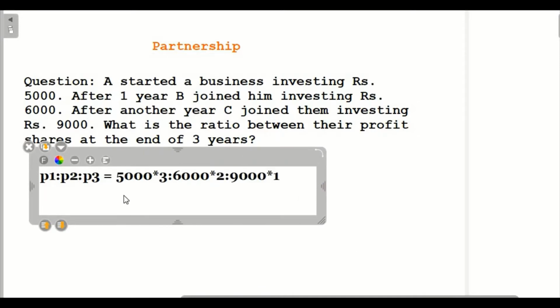So our next step is we have to multiply the values. So P1 is to P2 is to P3 is equal to 15,000. 6 twos are 12, so 12,000 to 9,000. Okay. Then we can divide it by a common number, that is 3.